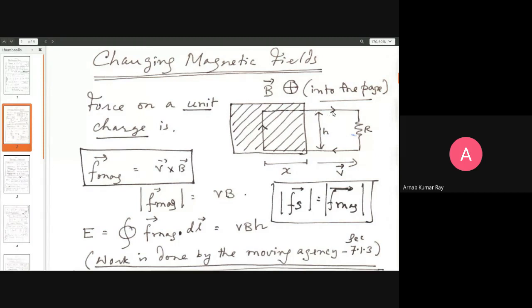Outside this shaded region, there is no magnetic field, and therefore the charges on this side will not experience any force.